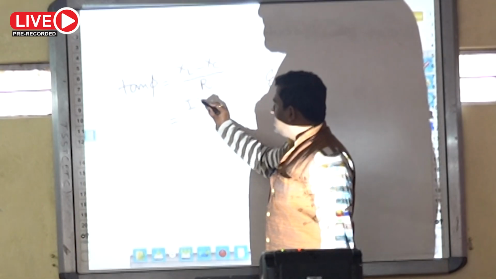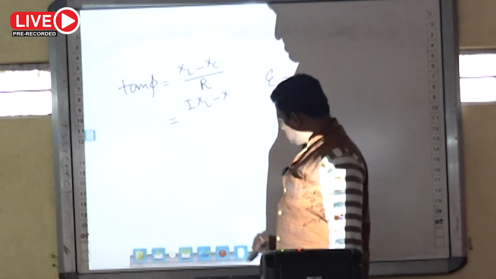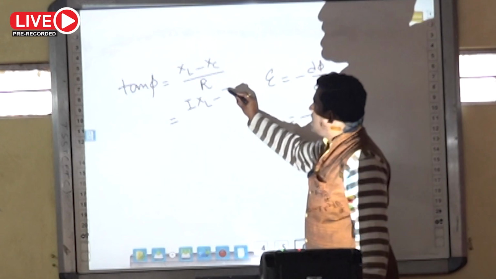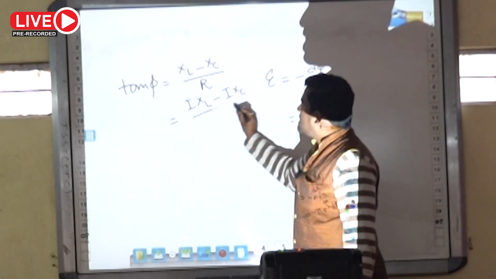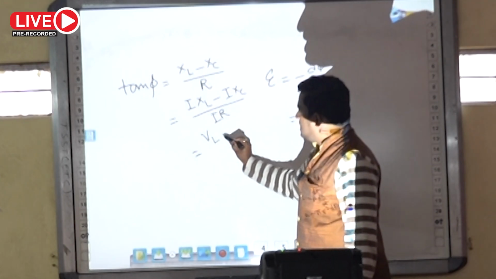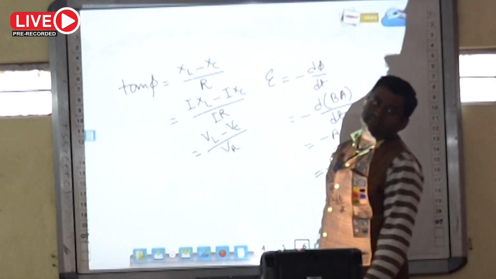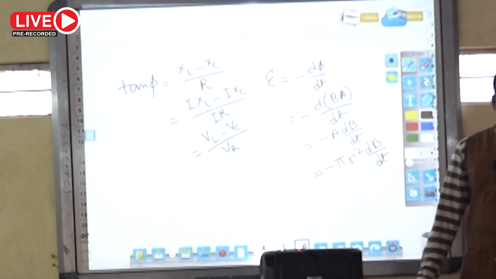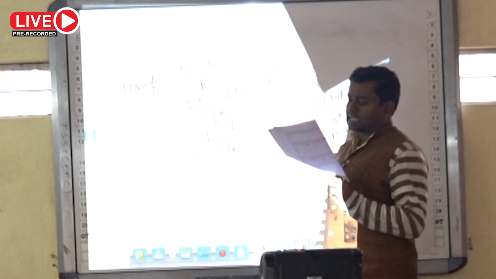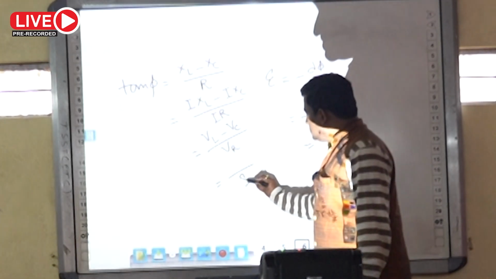So I can write I XL minus I XC by I R. So this will be voltage across L minus voltage across C by voltage across R. Okay, then potential difference across resistance is given 80, so VR is 80.